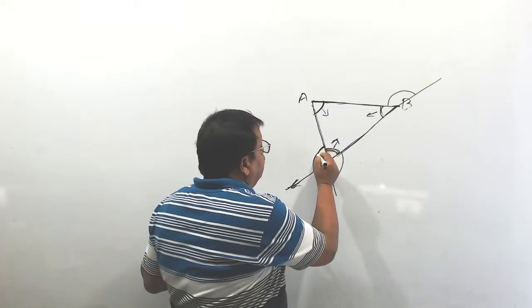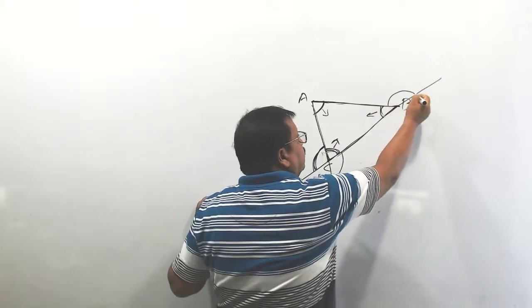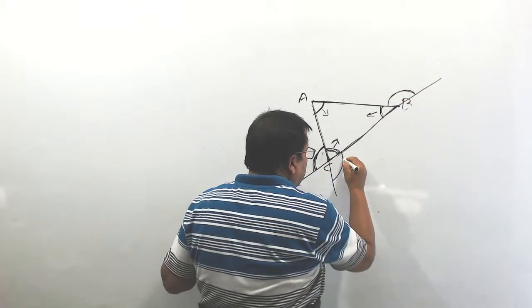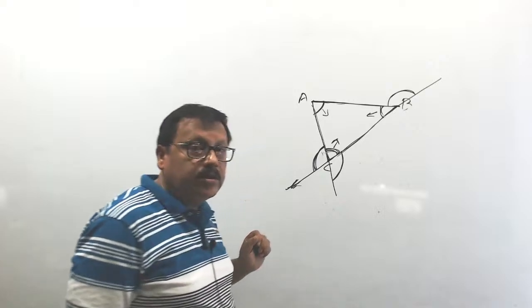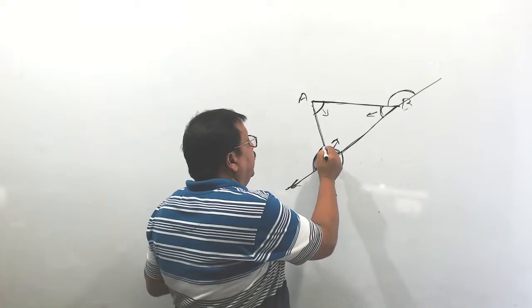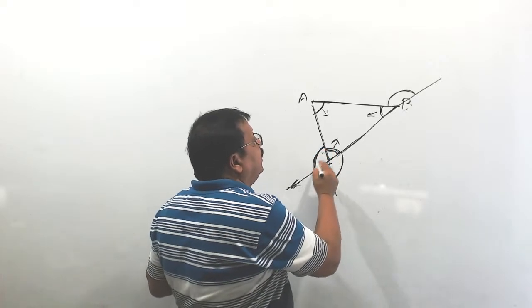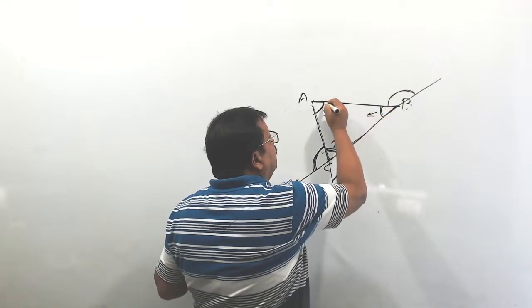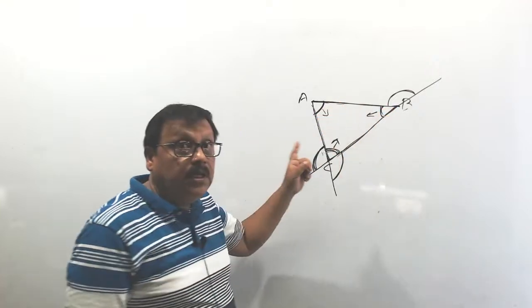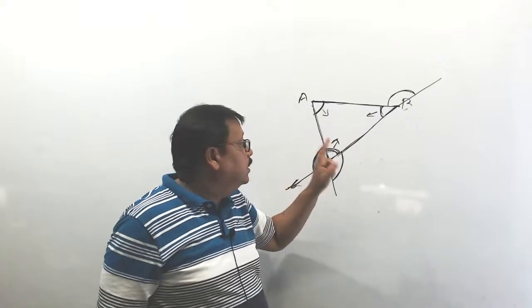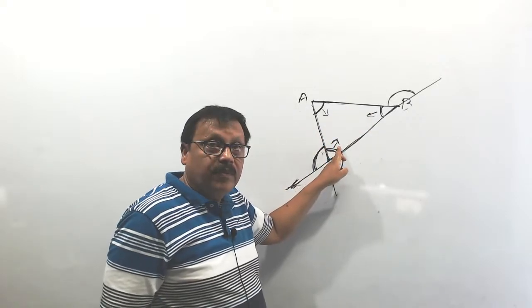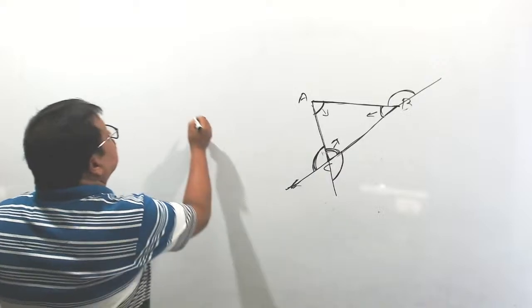And here is one important theorem. If you consider this exterior angle, its value will be equal to the sum of the two interior opposite angles, not this one. I am drawing a new one here.